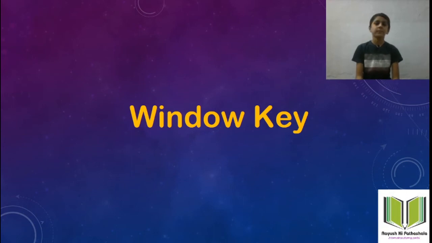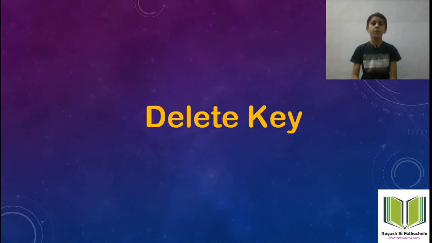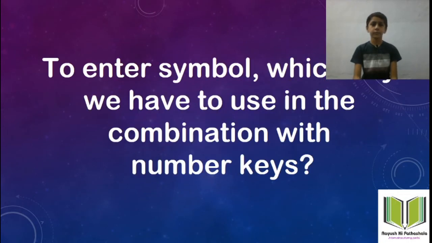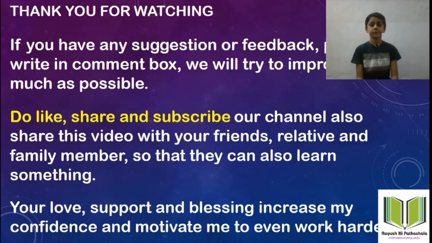Window key. Which key is used to remove the right side character? 3, 2, 1, go. Delete key. To enter symbols, which key do we have to use in combination with number keys? 3, 2, 1, go. Shift key.